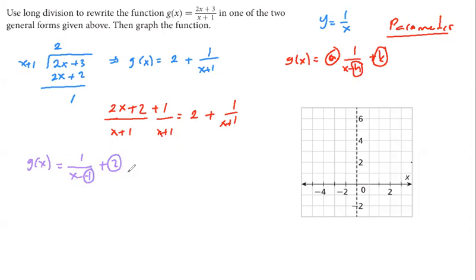By using this, I'm going to find how each affects my graph. There is no a, which means it is just 1 times this fraction, which is easier in this case. The couple of things we have to find is the vertical asymptote.